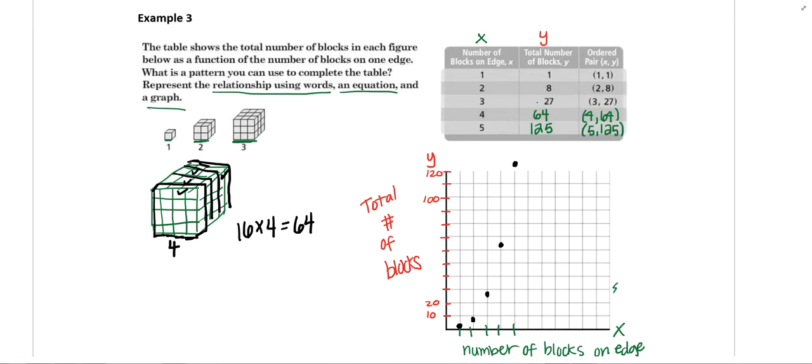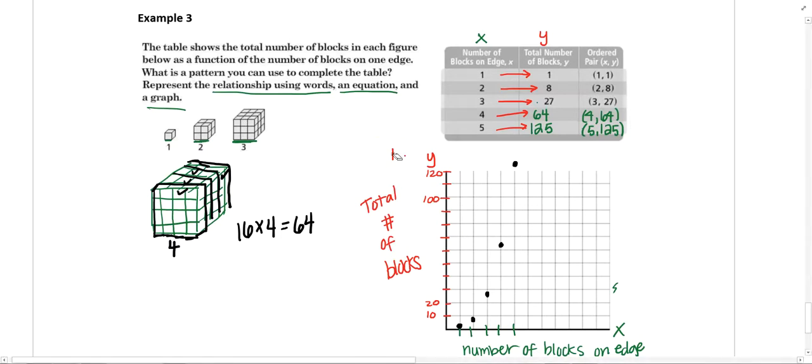At this point, it might be helpful to realize what's happening here. 1 becomes 1, 2, 8, 3, 27, 4, 64, 5, 125. These are perfect cubes. So we're talking about like 1 cubed. So that means 1 times itself 3 times. That gives you 1.